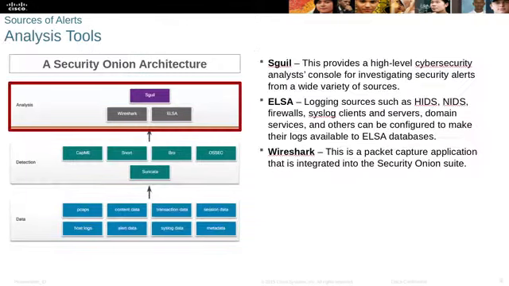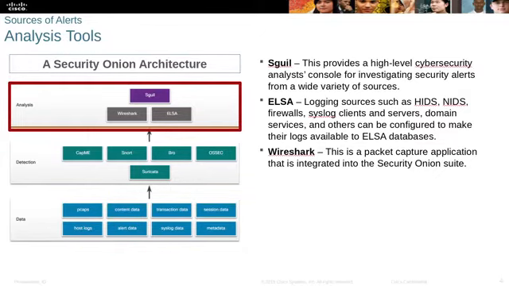So if we have a little look at the Security Onion architecture, the Security Onion integrates various types of data and intrusion detection system logs into a single platform. It does this via the following tools. Sguil, and that is how it's pronounced. This provides a high-level cybersecurity analyst's console for investigating security alerts from a wide variety of sources.